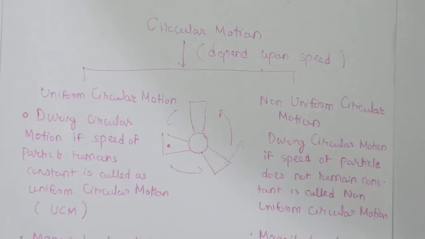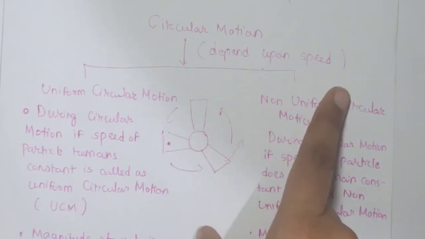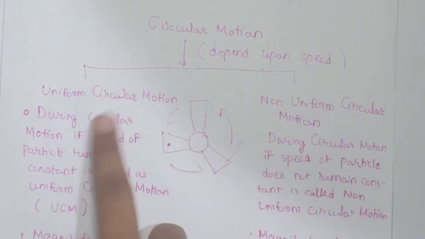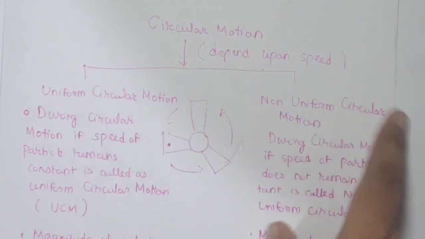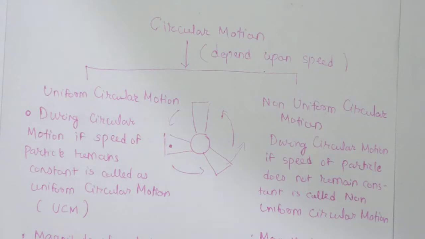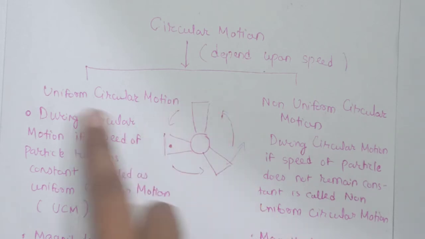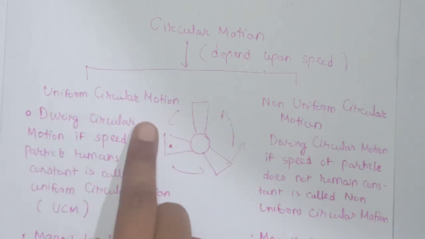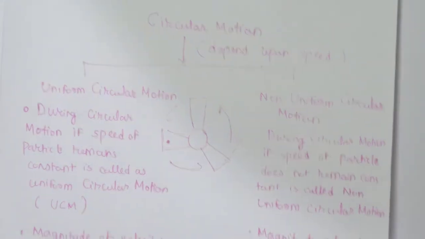So up to this we have studied that circular motion depends upon the speed. It is divided into uniform circular motion and non-uniform circular motion. If during the motion the speed is constant, that type of motion will be uniform, and if speed is not constant, that will be non-uniform motion. As it is circular, the names are uniform circular motion and non-uniform circular motion.